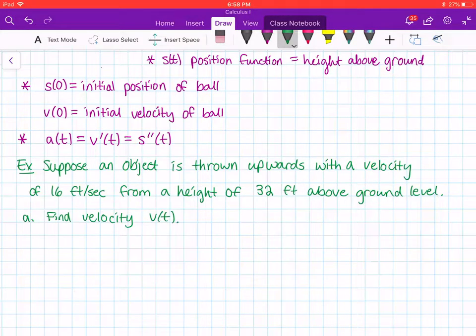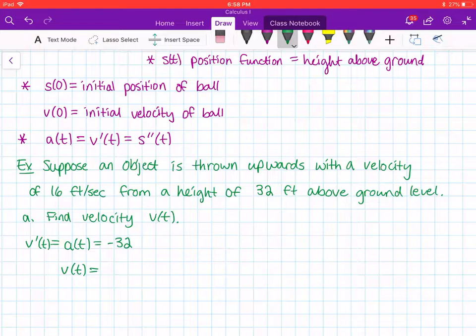Okay, so a of t, acceleration due to gravity, we know is negative 32 feet per second squared. We want to get to the velocity, and we know that the acceleration is the derivative of velocity. So we need to take the antiderivative to get to velocity.